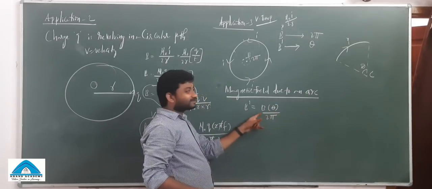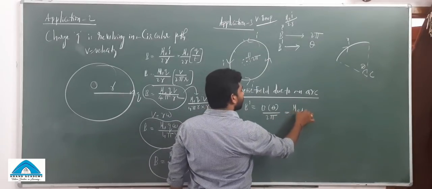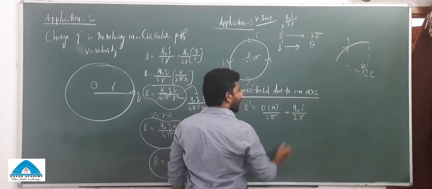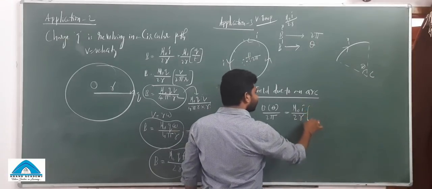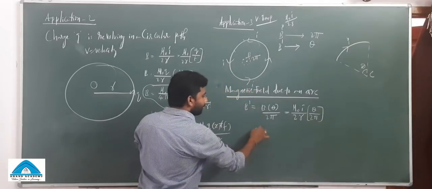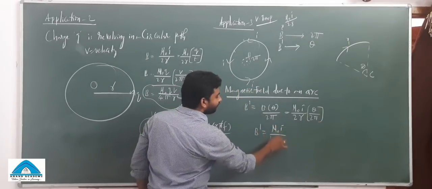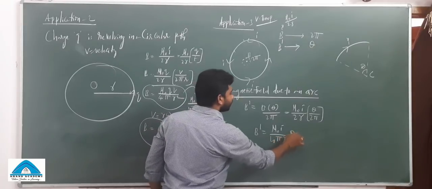What is B? B is mu naught I by 2R, right? So mu naught I by 2R into theta by 2 pi. So what is the final expression? B dash is equal to mu naught I by 4 pi R into theta.